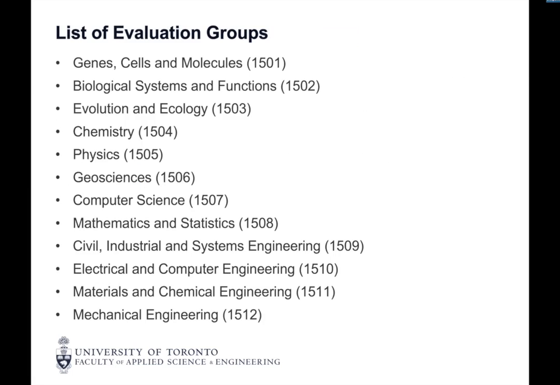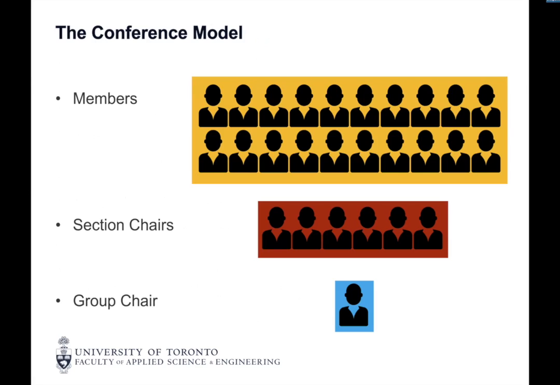There are a variety of evaluation groups focused on different areas. And so I have had the privilege to be chair of the electrical and computer engineering panel, and on the panel for a number of years. And I just recently stepped down. The evaluation occurs through a conference model. So we have members that I've highlighted in yellow, and when we recruit members for that panel across Canada, and we have a few international members, we do focus on a diverse panel.